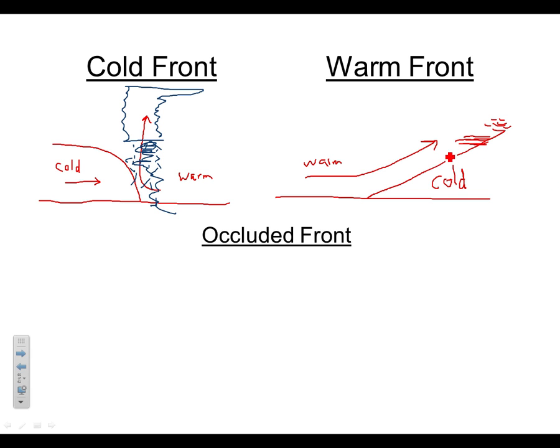Then we're going to get some lower layered clouds: altostratus. Finally, we're going to get our really low layered clouds, and it's going to be a nice gentle rain. So that's nimbostratus. Okay, I guess I should have done those in a different color. So we get our cirrus, our cirrostratus, our altostratus, and our nimbostratus.